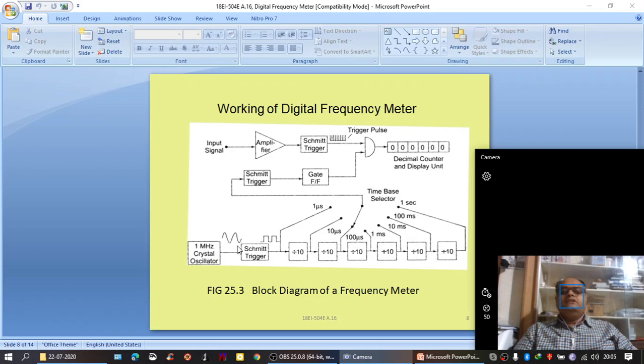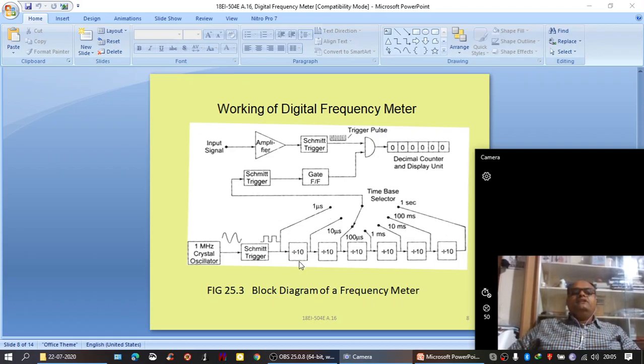The crystal oscillator produces a sinusoidal signal, so using a Schmitt trigger, it is converted into a train of pulses. Then that train of pulses, as such, produces 1 microsecond gating time. That is, for one cycle, it will remain high for 1 microsecond.